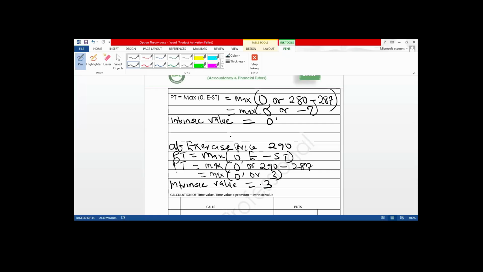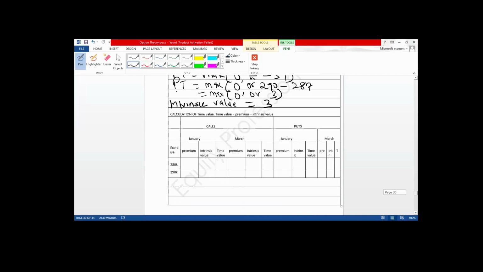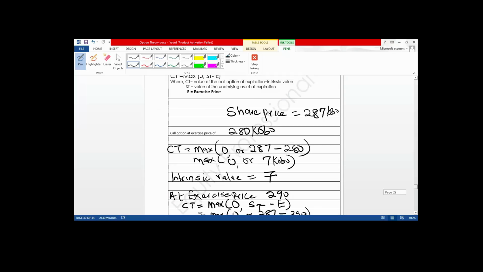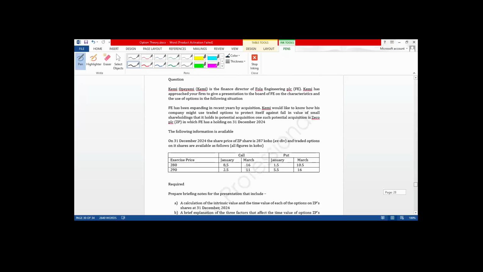Next is your time value. Time value is premium minus intrinsic value. That's the question.